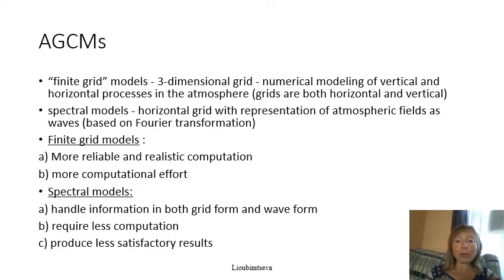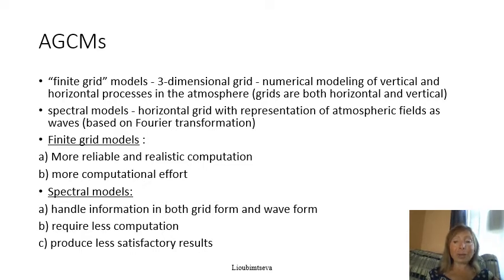Today, all the climate models that are used as AOGCMs are finite grid models. Finite grid models are much more reliable. They provide very realistic computation of all these variables, and they require significantly higher computation effort. The main reason why the spectral models were used in the past, even though they were less precise compared to finite grid models, is that they were able to produce somewhat satisfactory results with less computation power. This is not really an issue anymore.